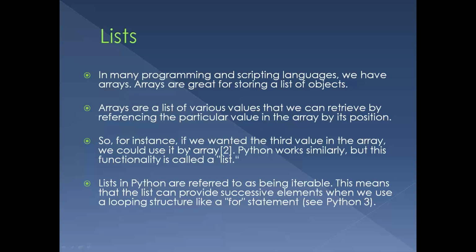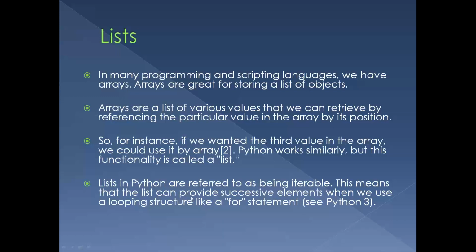So, for instance, if we wanted the third value in the array, we could use array[2]. Why? Because the first value is 0. We start counting with 0. Python works similarly, but this functionality is called a list.